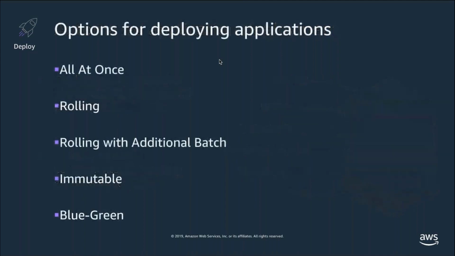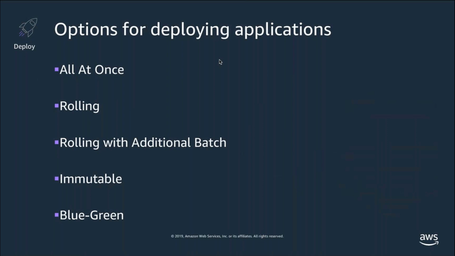So if you're actively developing an application, you're pushing out new versions regularly, you have several different options with Elastic Beanstalk for your deployments. So if you have multiple instances in your environment, you can deploy a new application version to all of them at once. You can deploy it to them one at a time with a rolling deployment.